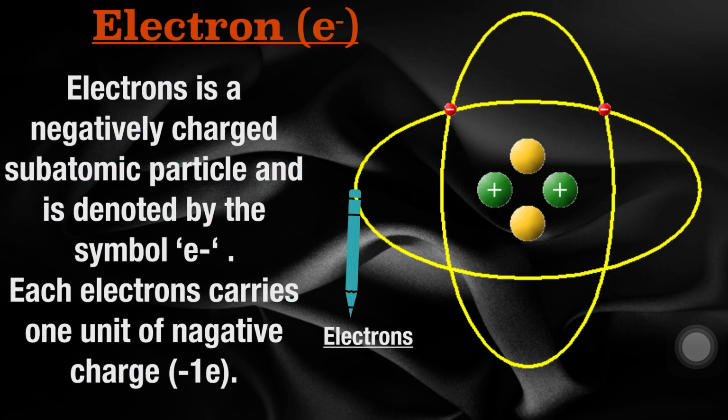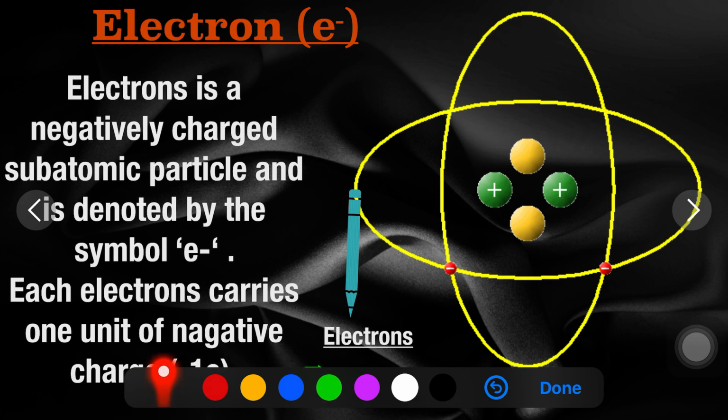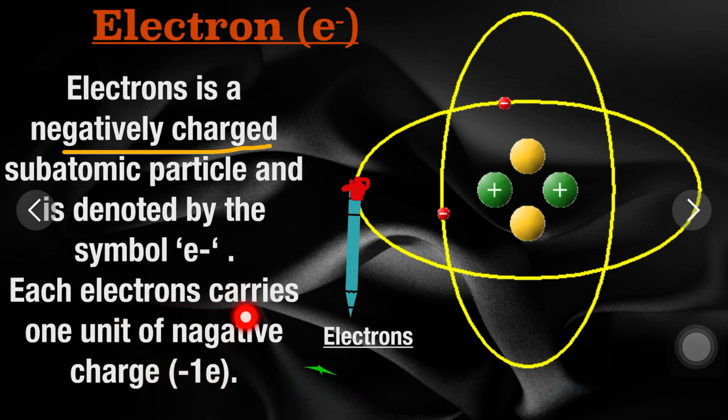Okay student, let us now talk about the electron. Electron is a negatively charged subatomic particle, and it is denoted by the symbol e. Each electron carries 1 unit of negative charge, that is -1 e. Student, have a look at the given image.